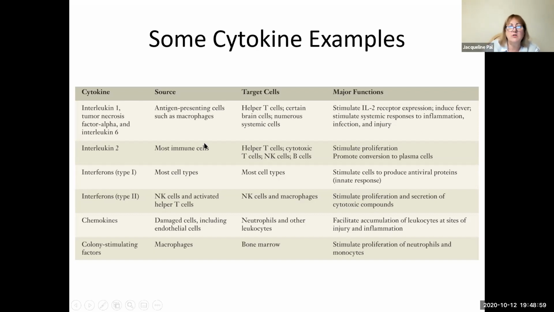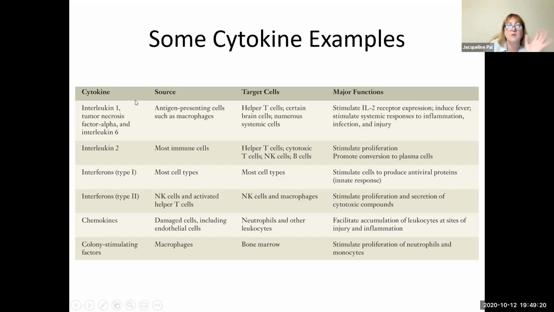Now, interleukin 2 actually can come from most of our immune cells, and one of its targets is the helper T cells. And so when it binds to a helper T cell, as well as also natural killer cells and B cells, it stimulates their proliferation. So here's what we have that's interesting.